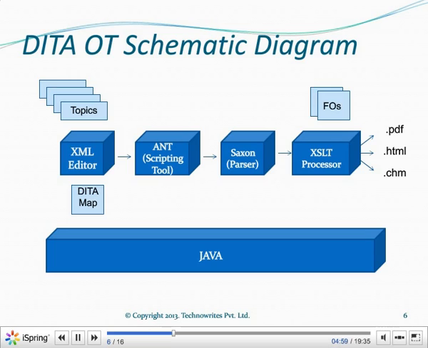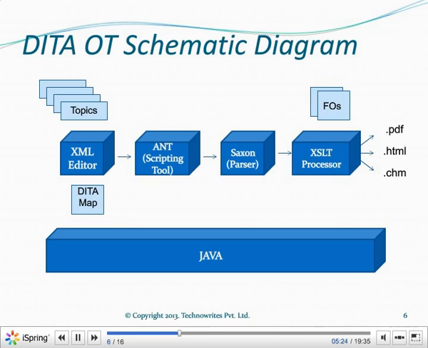And then from the topic or list of topics given, you would actually generate different types of outputs. Depending on what type of output you want to generate, different transformations have to be applied to that content. This is done by the XSLT processor.